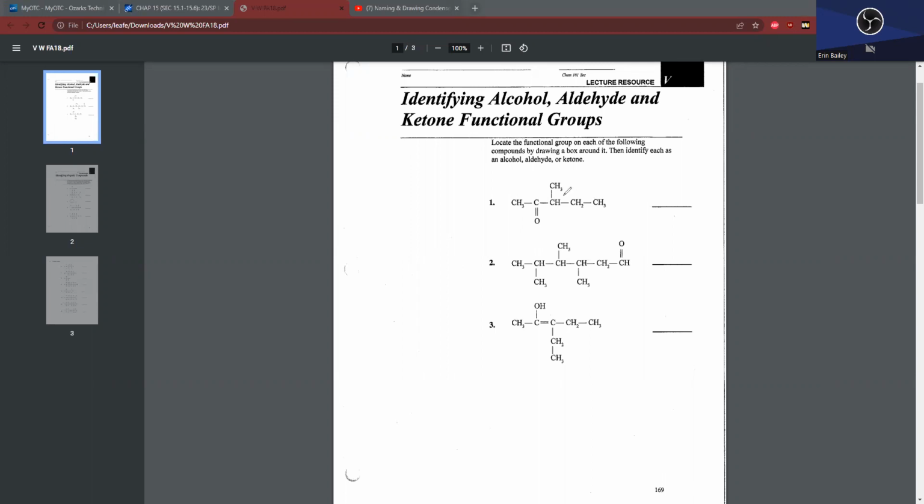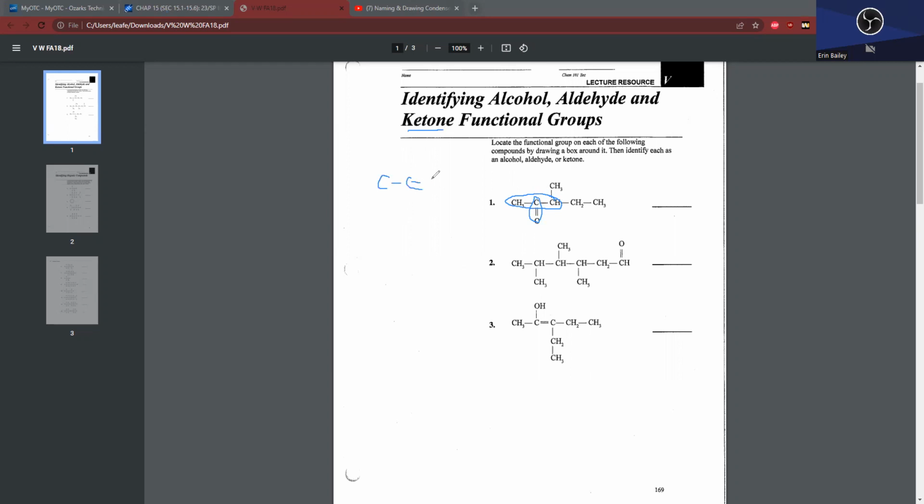But what I see here is three carbons bonded together, and then there's a carbonyl inside of it. And usually what that means is that it has a ketone functional group, because a ketone has three carbons.